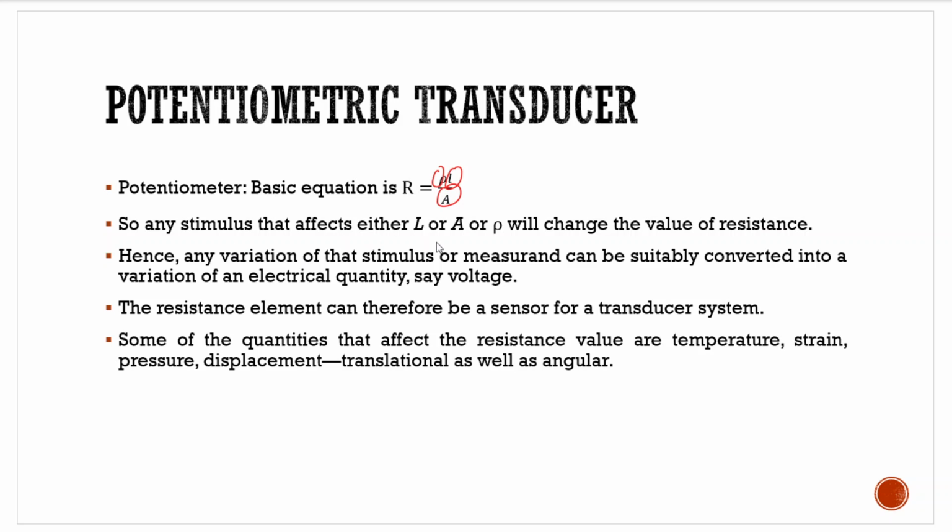Any stimulus that affects the length, the area or rho will change the value of resistance. Hence, any variation of the stimulus can be suitably converted into an electrical quantity, say voltage. That voltage we can measure easily, and accordingly determine the value of this stimulus.